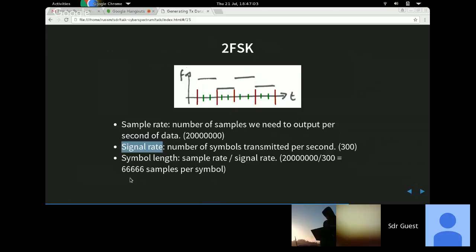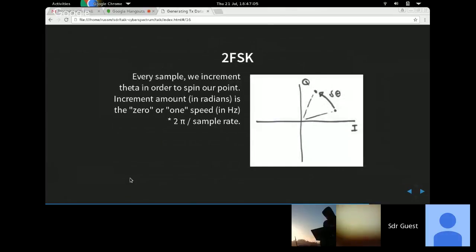samples per transmitted symbol. So for every sample we transmit, we need to spin our point around the origin by a certain amount. So we increment the angle theta, the point is shifted around the origin. Everything up to this point has been in hertz, so that's cycles per second.